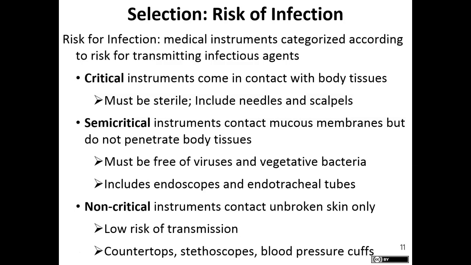If it's non-critical, then you might just be sanitizing it. So think of stethoscopes or blood pressure cuffs. You're going to reuse those. Whereas an endotracheal tube, you're not going to reuse. And needles, you're not even going to sterilize. You're just going to get rid of them.